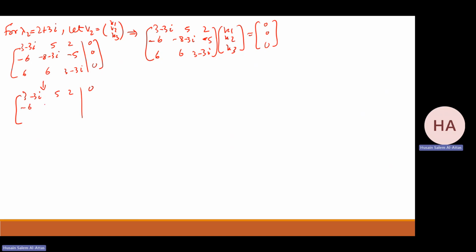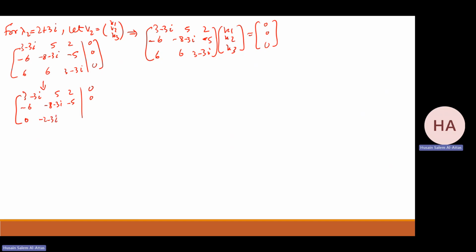So this will be the same. Add 1, that will be 0. This is with 1. That will make it complicated. Yeah, it will be minus 2 minus 3i.